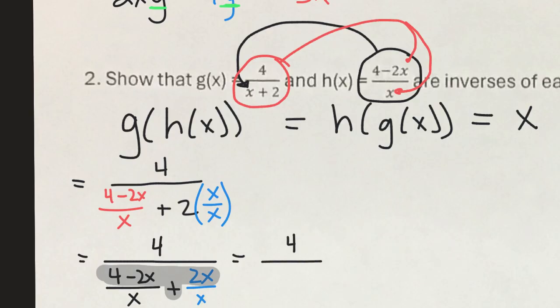What is minus 2x plus 2x? 0, right? Minus 2x plus 2x is 0, so my denominator is just left with a 4 over x. Okay, I do 4 minus 2x plus 2x. A minus 2x and a plus 2x is now 0, so I just have my 4 left.